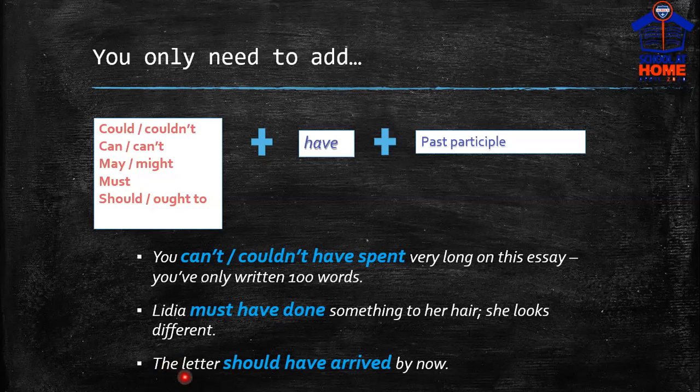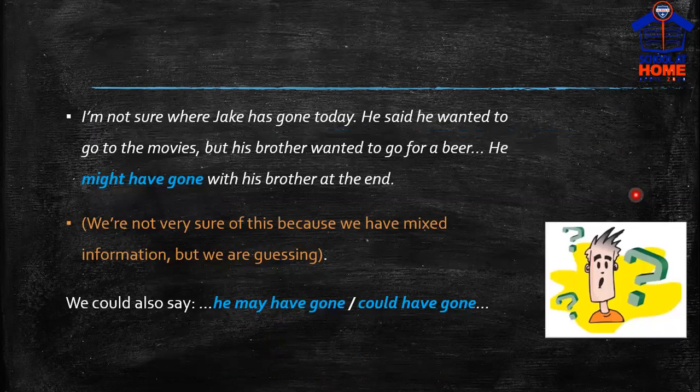Then we have, the letter should have arrived by now. So this means that we are thinking that the letter has arrived, okay? So these are the main examples for this. Then we have, I'm not sure where Jake has gone today.